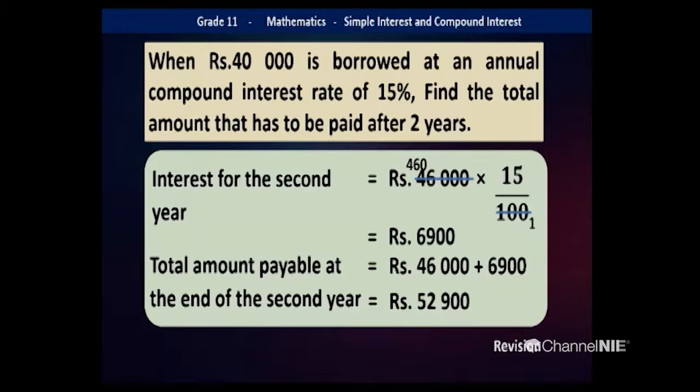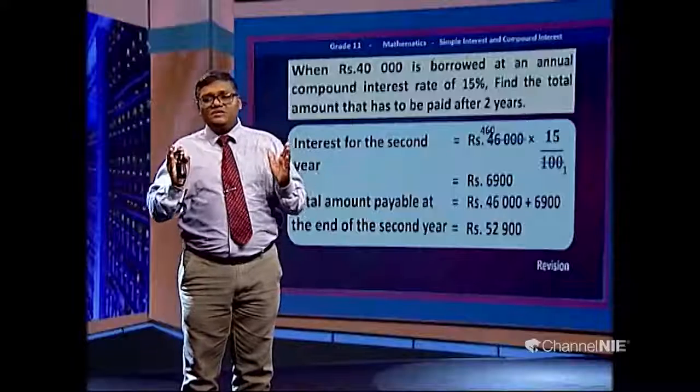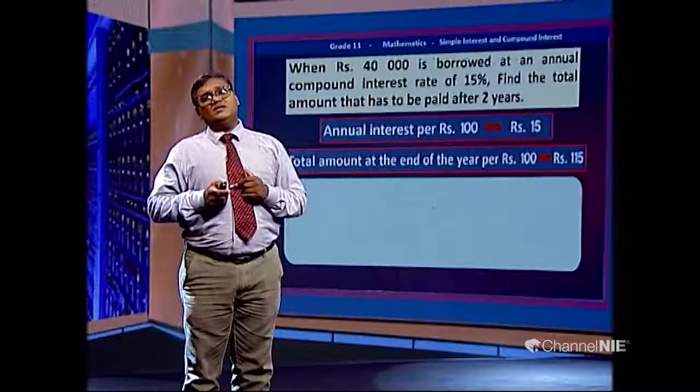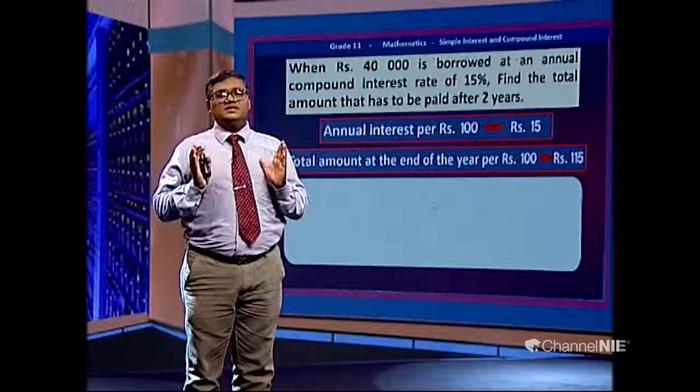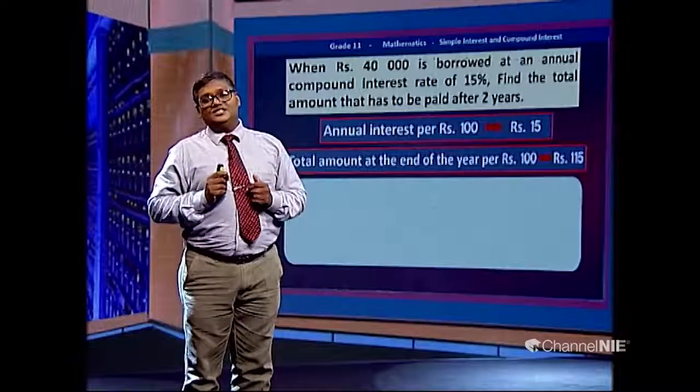We calculated the interest for the first year, added it to the amount and calculated the interest for the second year and again added it to the amount. Then the answer is 52,900. Now let us see a shorter method to calculate it, because at examination time, time is also a factor. Without going through those steps, how to find it at once?